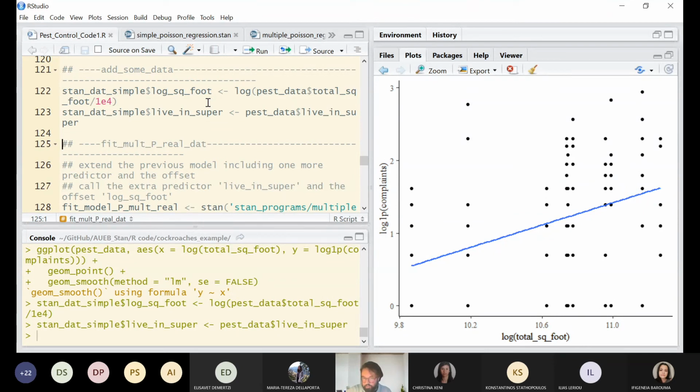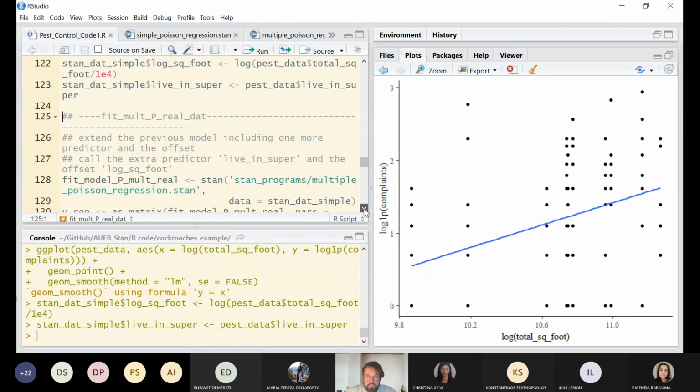And the exposure in this case is the square footage of the different buildings, because the bigger the building, the more likely it is to observe complaints, maybe. So we have to put the observations for the different buildings on a more homogeneous footing. So we can fit a model with the offset.